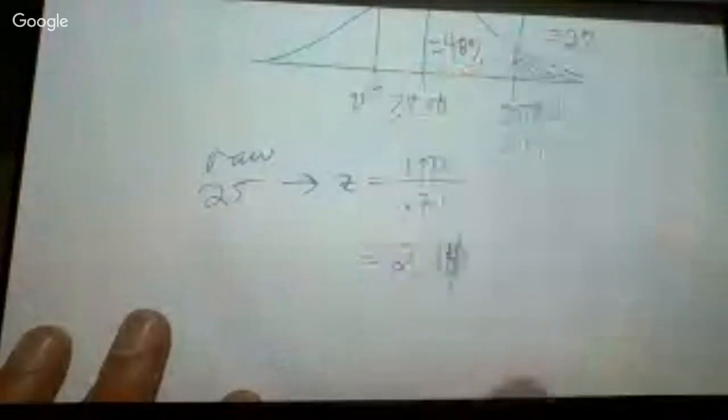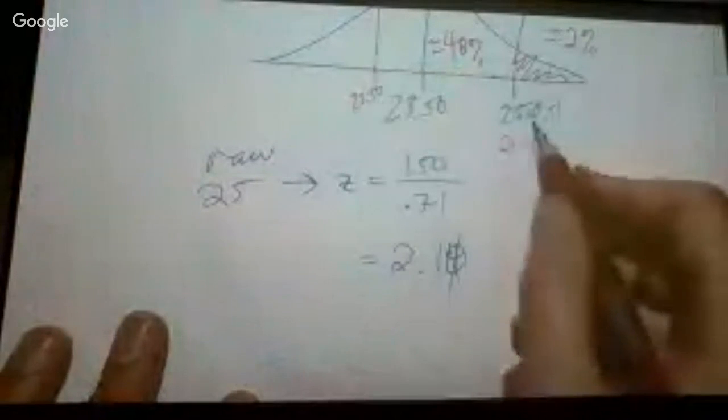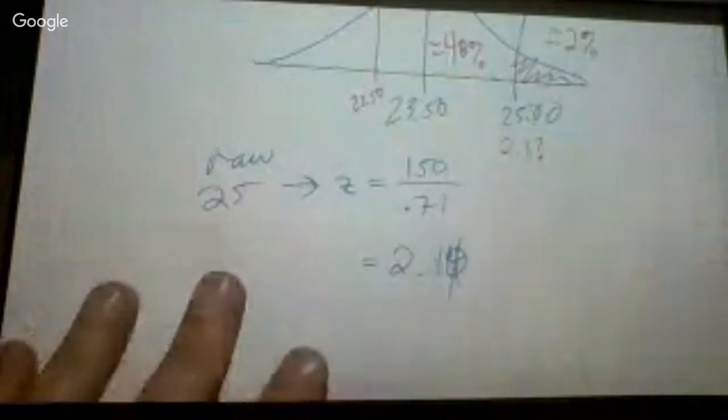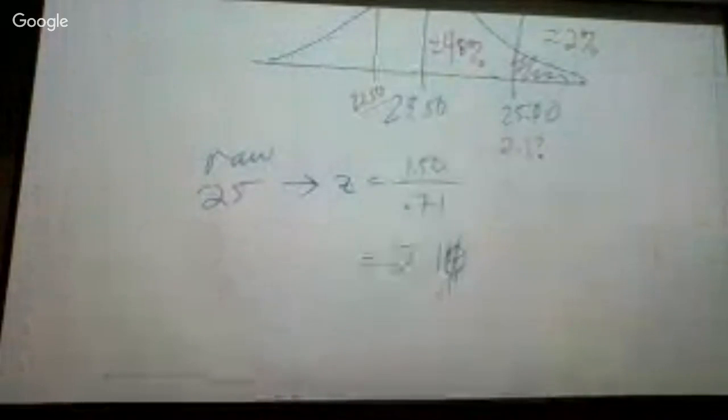For 48, we want to be greater than 22.50 but less than 25. That is a little bit more than 1 standard deviation away.